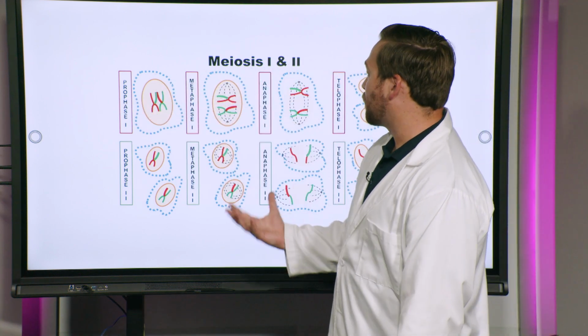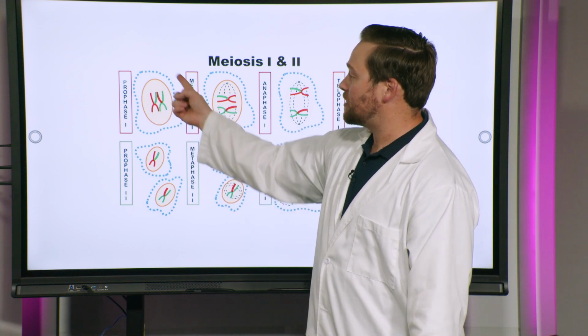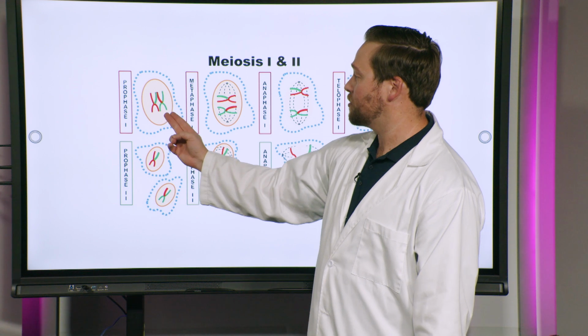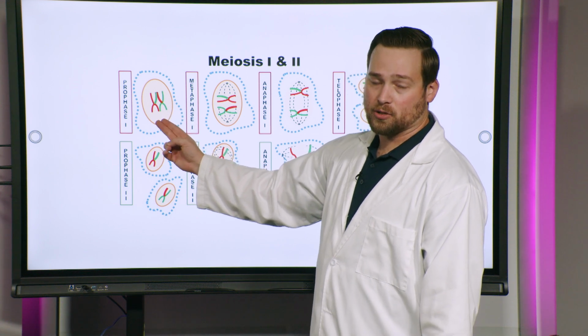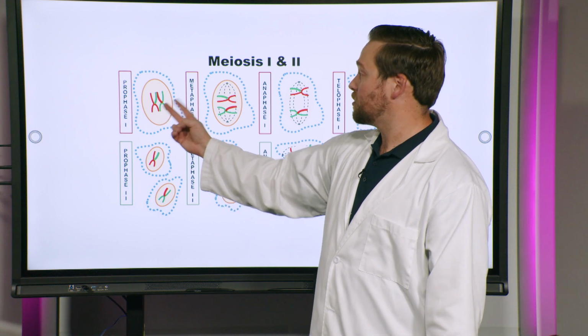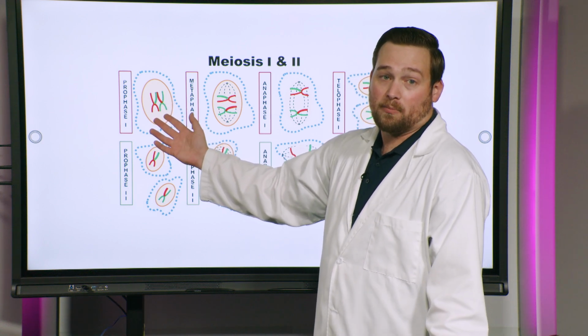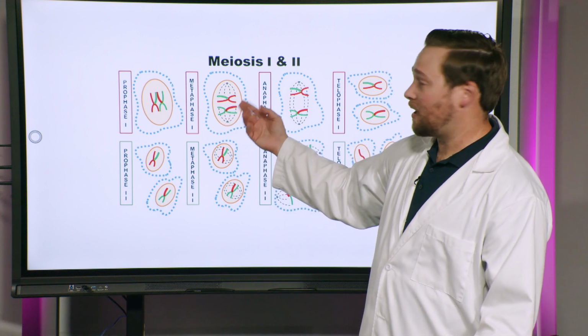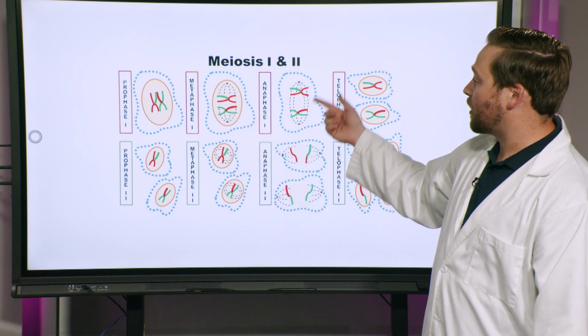Look here, you see how we have these 2 chromosomes that are side by side, 2 X's right next to each other? These are the homologous chromosomes. We only have homologous chromosomes in meiosis 1. So if you ever see this, you know that we're in meiosis 1. Here it's prophase. When they line up in the middle, it's metaphase. And when they're getting pulled apart, it's anaphase.